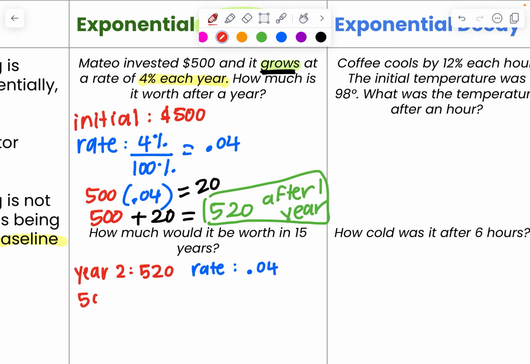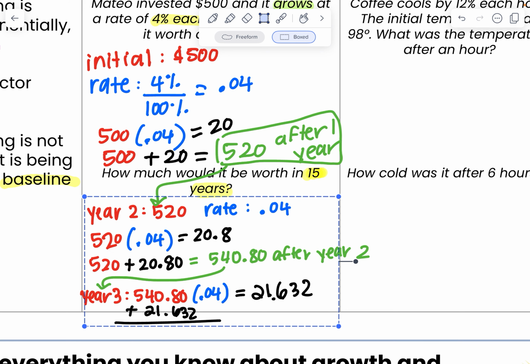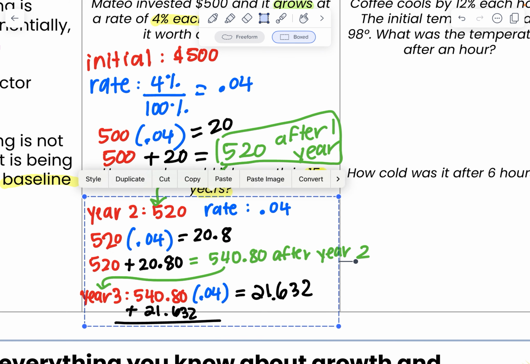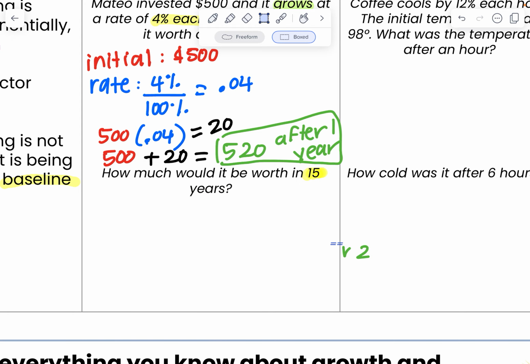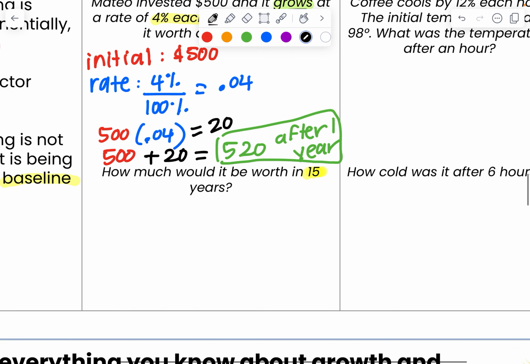The shortcut way of doing this, instead of going through all of this work, which is great and fine and dandy, but what I could do instead is, if I wanted to find out what I'm doing in 15 years, I can think about this exponentially because it's growing a little bit more and a little bit more and a little bit more, right?